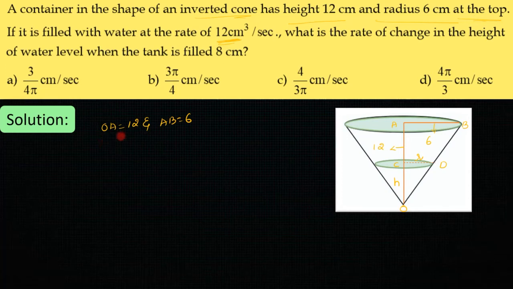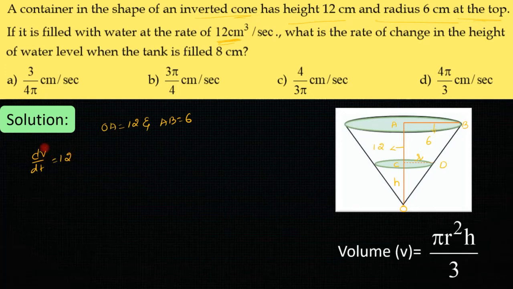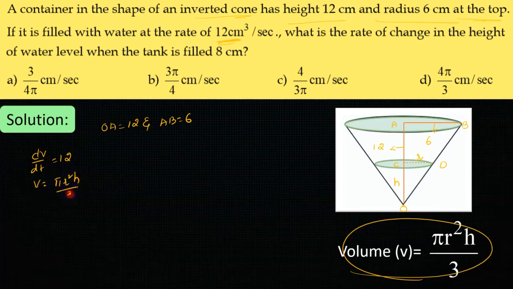Given that dV by dt is equal to 12. Here V is the volume of the cone. We know that the volume of the cone V is equal to pi r square h divided by 3. Here we observe that there are two triangles, one is OAB and another one is OCD. Both are similar triangles.